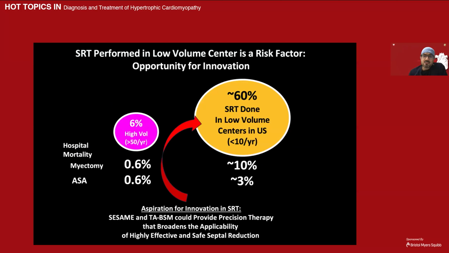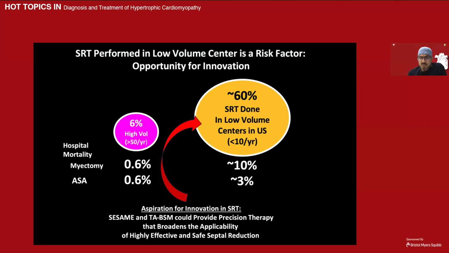We know that where you have your septal reduction therapy really affects the outcome. For example, for myectomy, between an experienced center versus a low experienced center, the mortality is between 10% and around 0.6%.